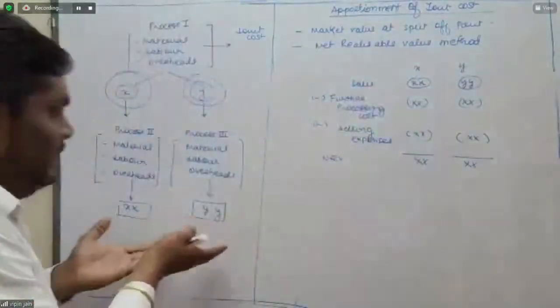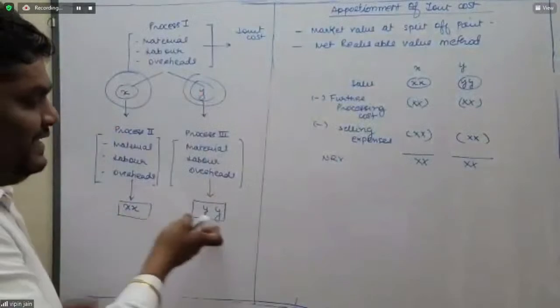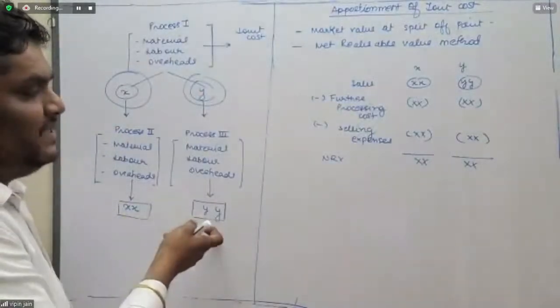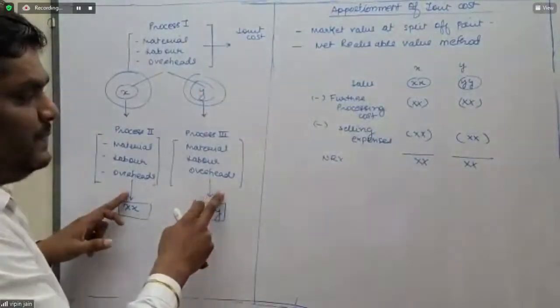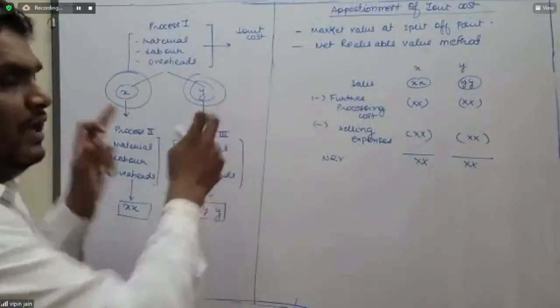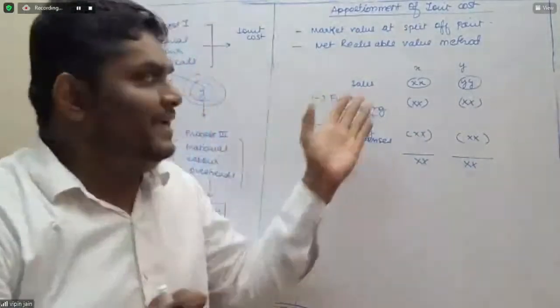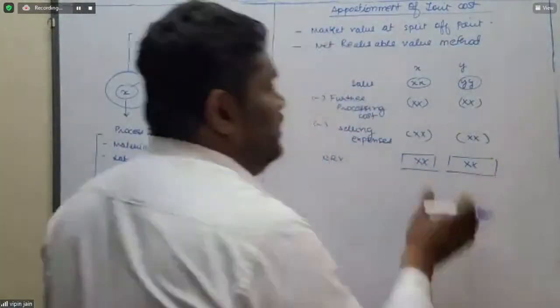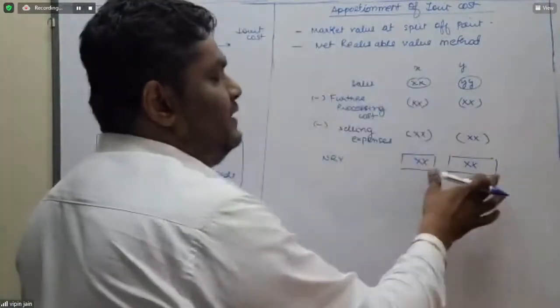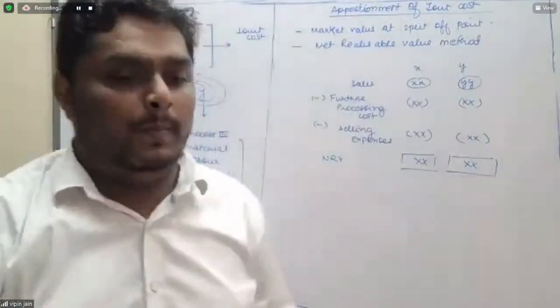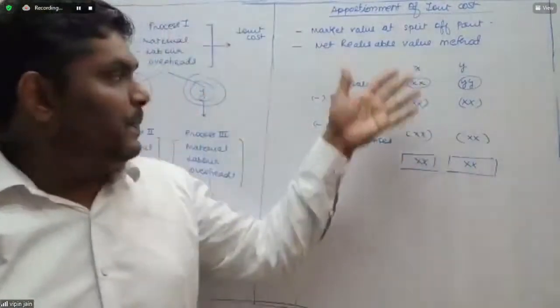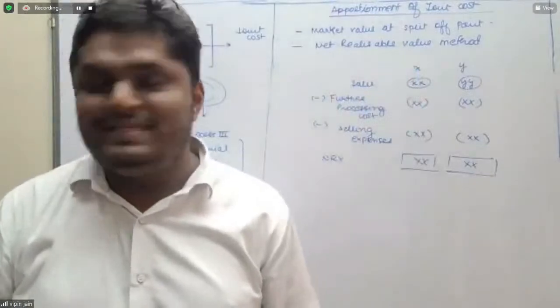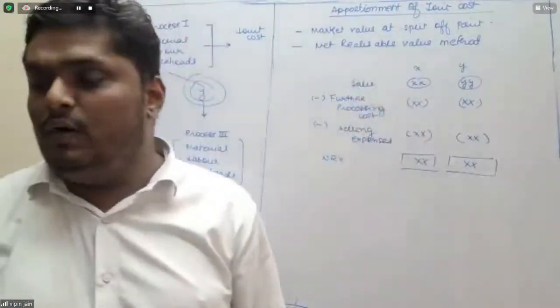That is, we'll do the reverse calculation wherein the sales value of double X and double Y, minus the selling expenses, minus the further processing cost, will get the dummy market value of X and Y, and that is what we call net realizable value. So the joint cost will be distributed in the ratio of net realizable value. Those who want to copy this part can please copy. I'll be discussing this concept with the help of an example also.